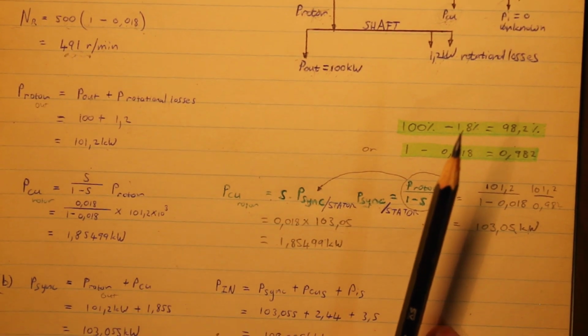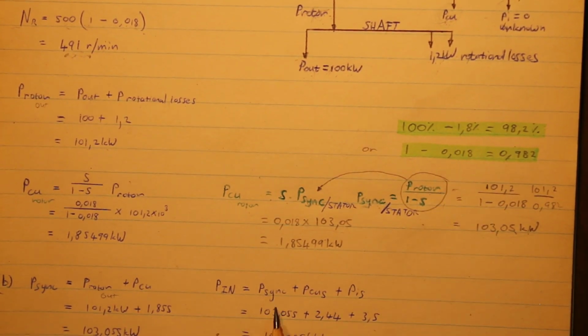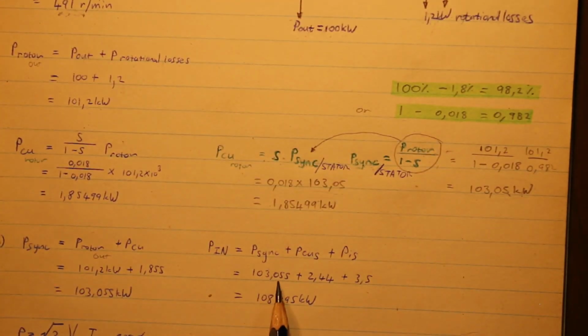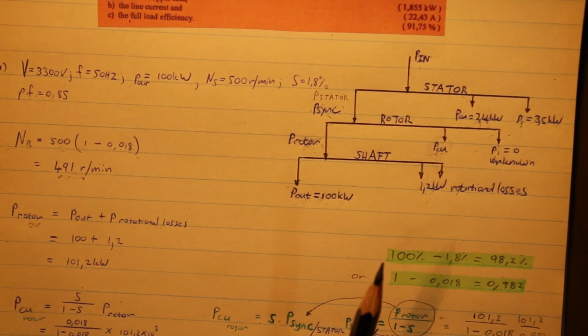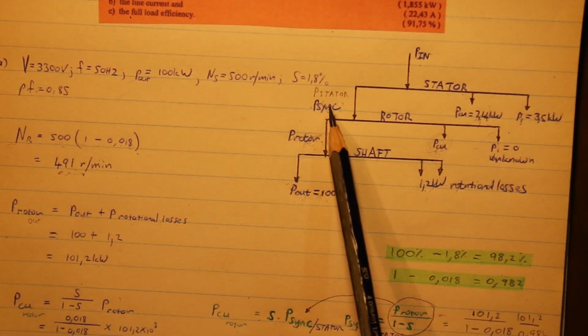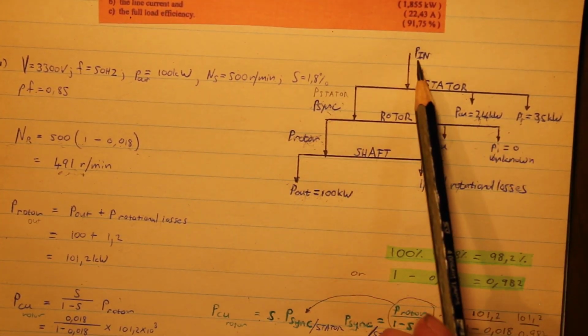And then the power N is just the synchronous power plus the copper loss of the stator and the iron loss of the stator. Gives us 108,995 kilowatts. So you can see it's getting bigger every time. So there, the synchronous power plus those two gives us the power N.